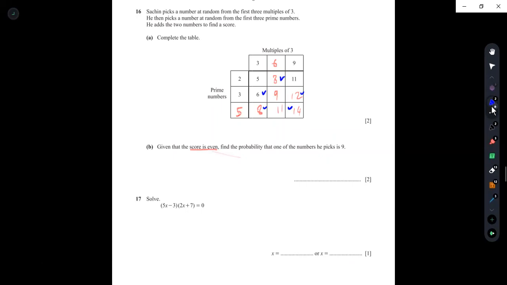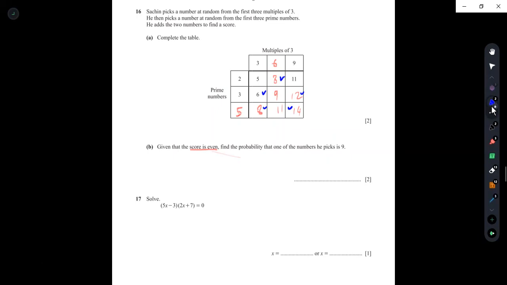What are the total possible outcomes in this case? 1, 2, 3, 4, 5. So there are 5 outcomes where we have an even number. That is the possible sample space. The sample space is the set of all possible outcomes. So score is even means we can only get an even score, so the rest of the numbers are not possible.